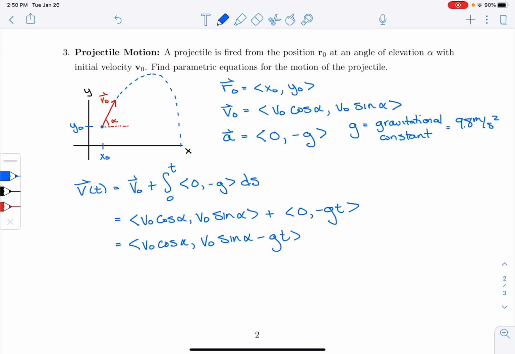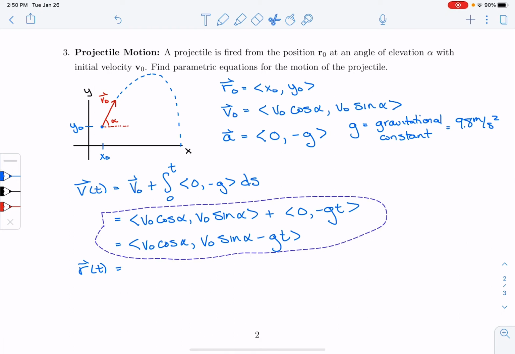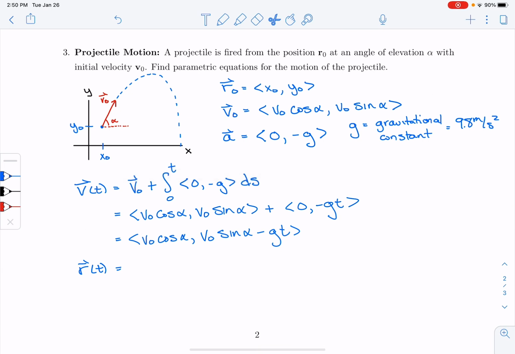Now, what is going to be the position? Well, again, the position we can get just by integrating the velocity. So position is going to be the initial position, r0, plus the integral from 0 to t of my velocity.